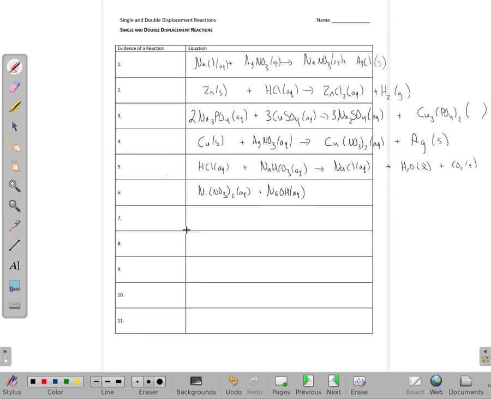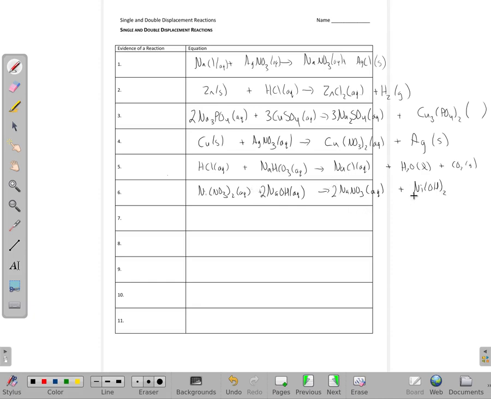And we're just doing a double displacement. So I'm going to put the sodium with the nitrate and make sodium nitrate, which I predict to be aqueous because all sodium salts are. And then the nickel ends up with the hydroxide. It'll still be nickel 2, so that is Ni(OH)2. Because of that 2, I'll need to put a 2 here, which puts a 2 there.